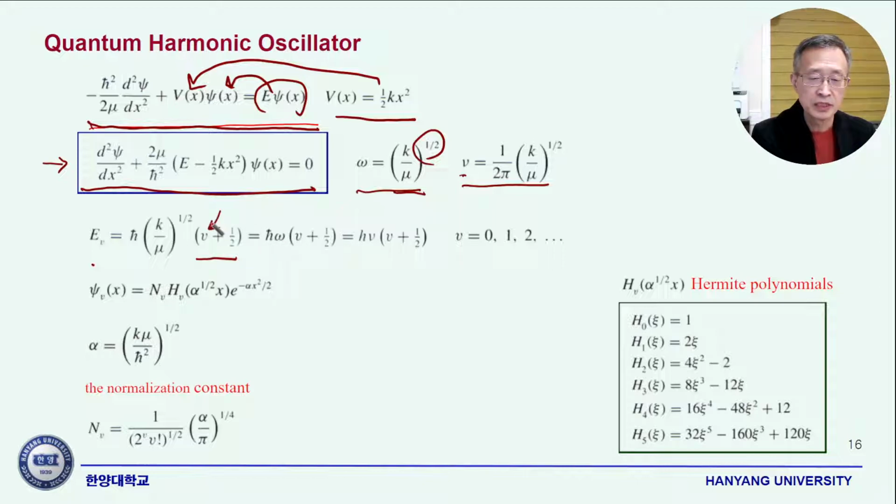This v is the vibrational quantum number, or sometimes we use n instead. This is h bar omega, and omega is 2 pi times the frequency.